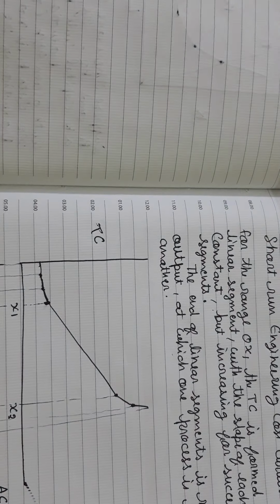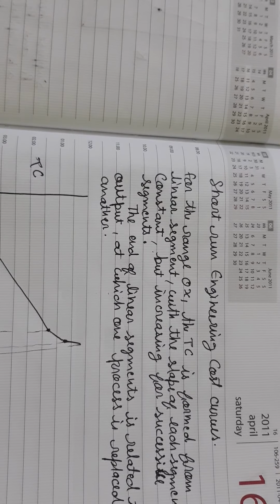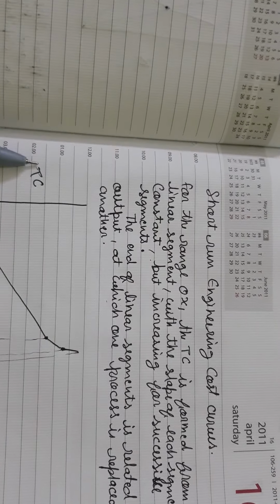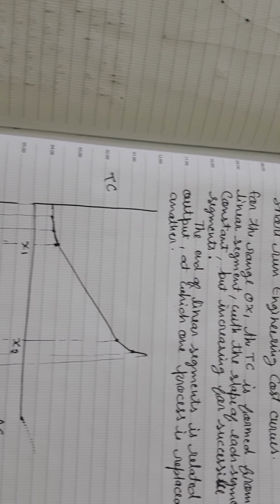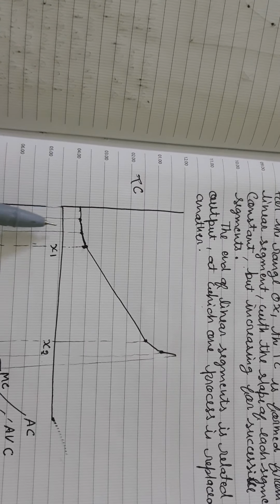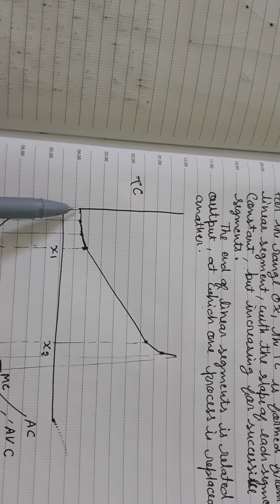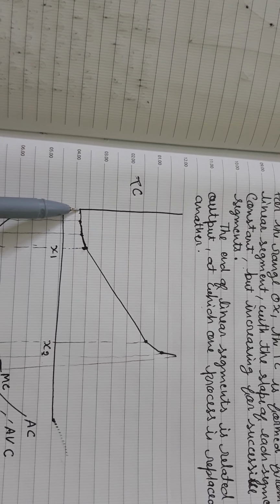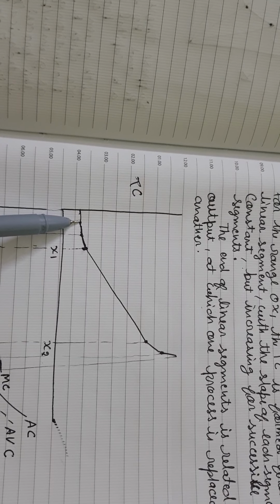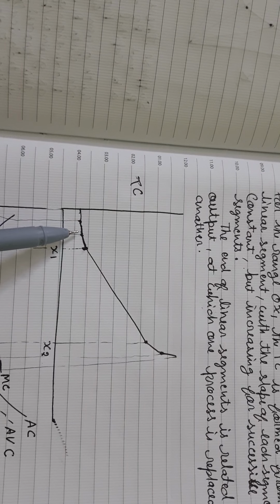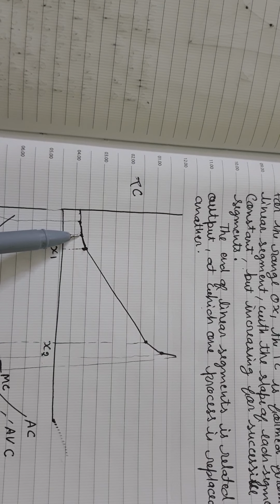Next, let's talk about short run engineering cost curves. So here you can see that this type of total cost is found. Your total cost is increasing at the same rate from this point to this point. Then suddenly there is an increase in your total cost at a higher rate.